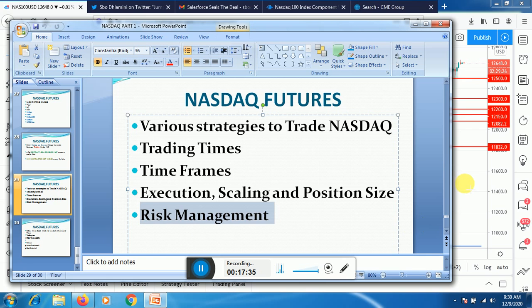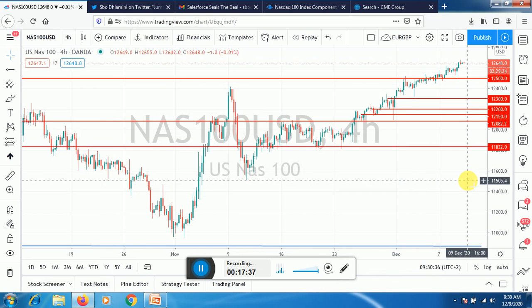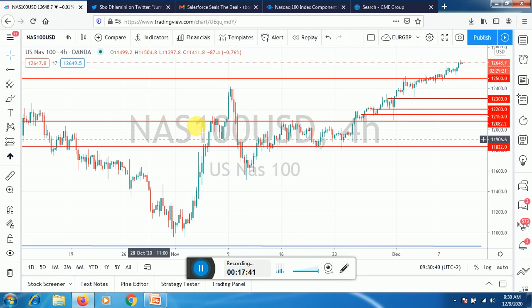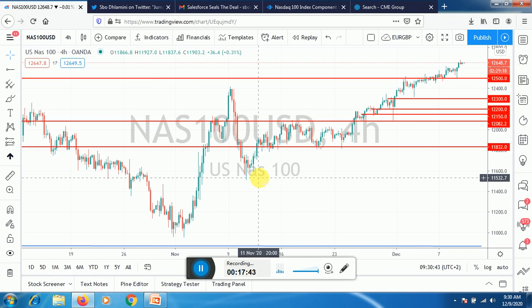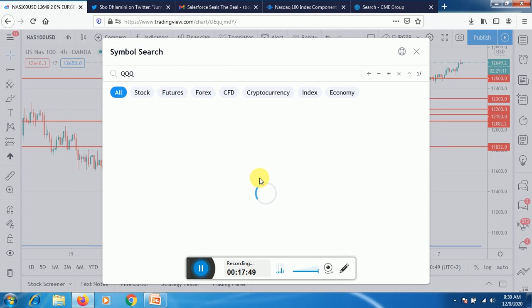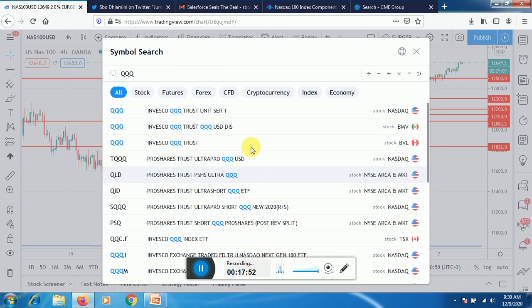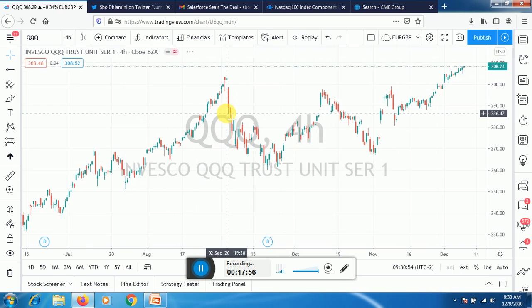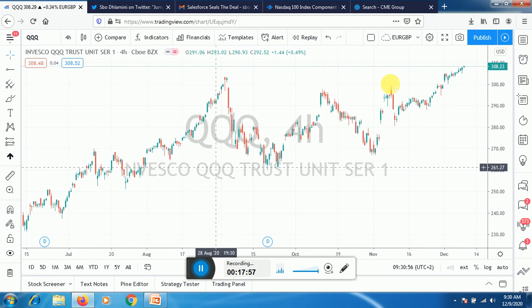So all these NASDAQ symbols are available on the TradingView platform. As you can see, this one is the NASDAQ 100 futures, and then let me open the ETF one. The ETF is QQQ. You see, they are trading in almost the same direction, because they are all tracking the same companies that are listed on the NASDAQ exchange.